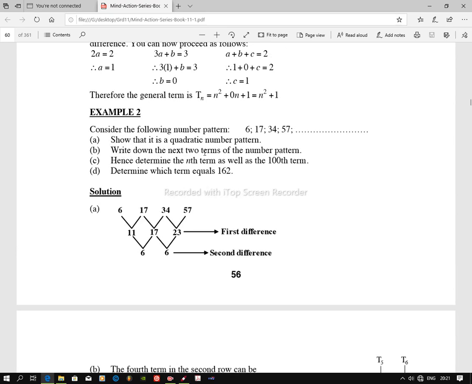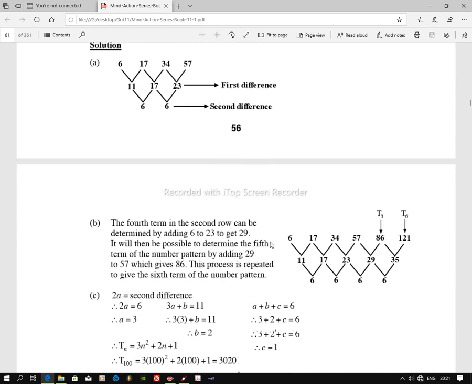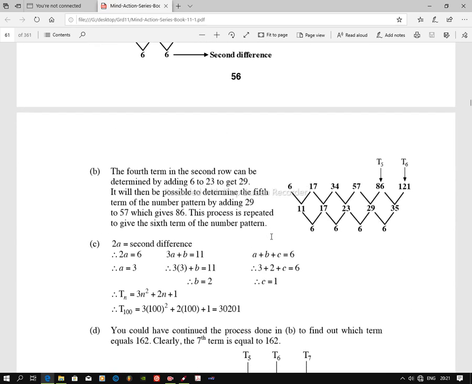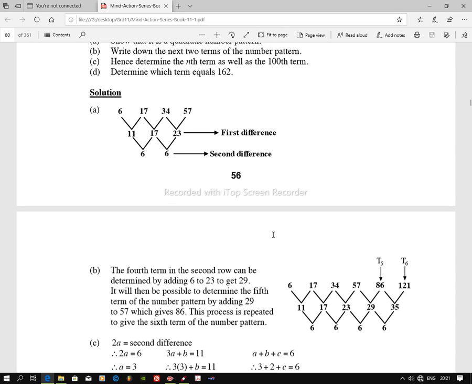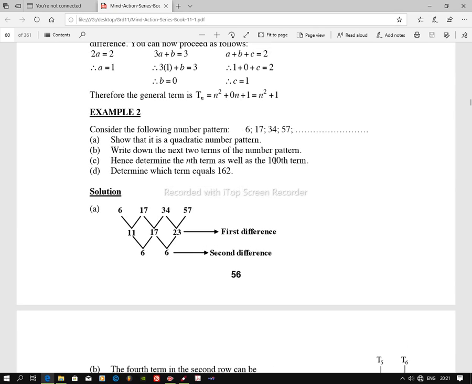Okay, let's see, write down the next two terms of the number pattern. So when they say write down the next two, basically what I do, I suggest that you should skip this question here. Understand?